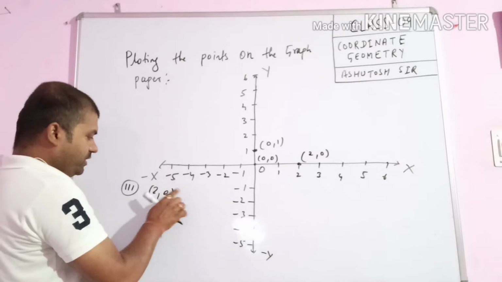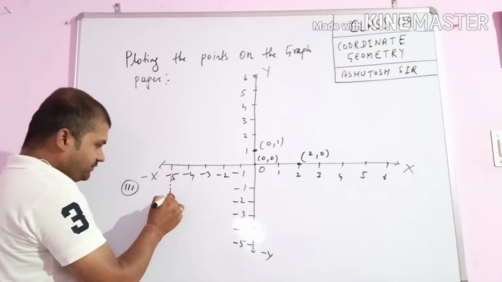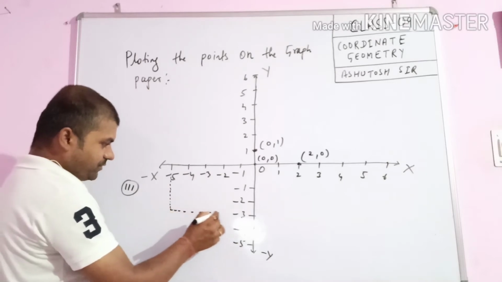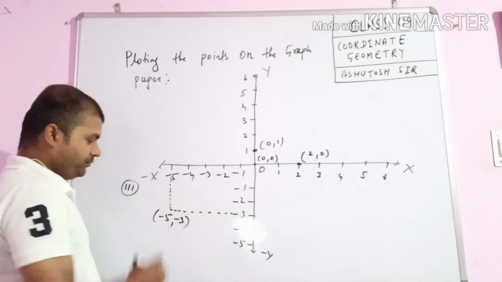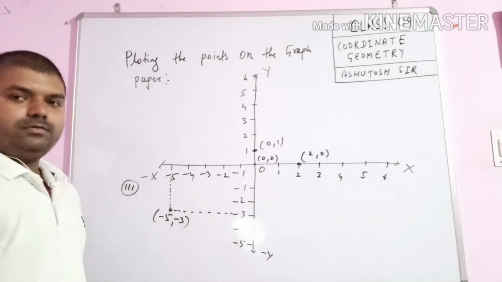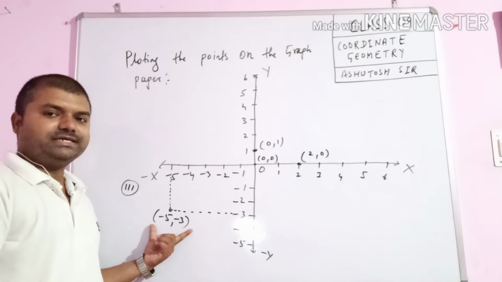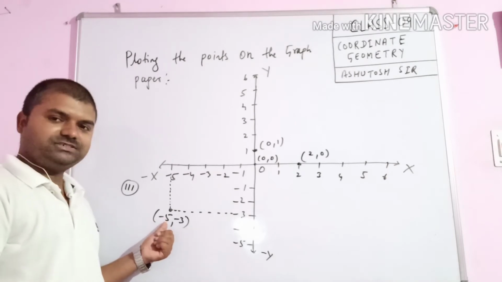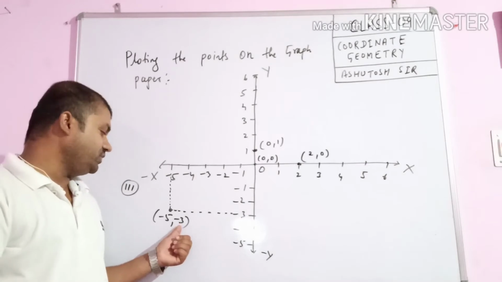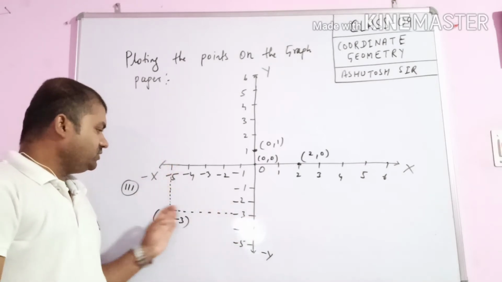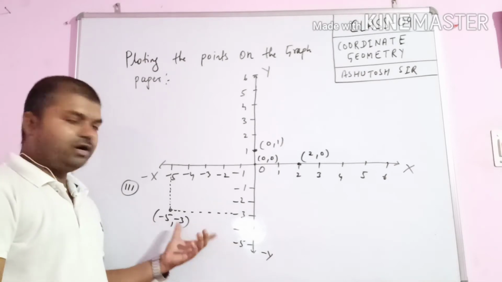If we plot this point, this one is the point minus 5, minus 3. The meaning of minus 5, minus 3 is that the distance on the x-axis is minus 5 units and the distance on the y-axis is minus 3 units. So after meeting these points, we get the point in the third quadrant.